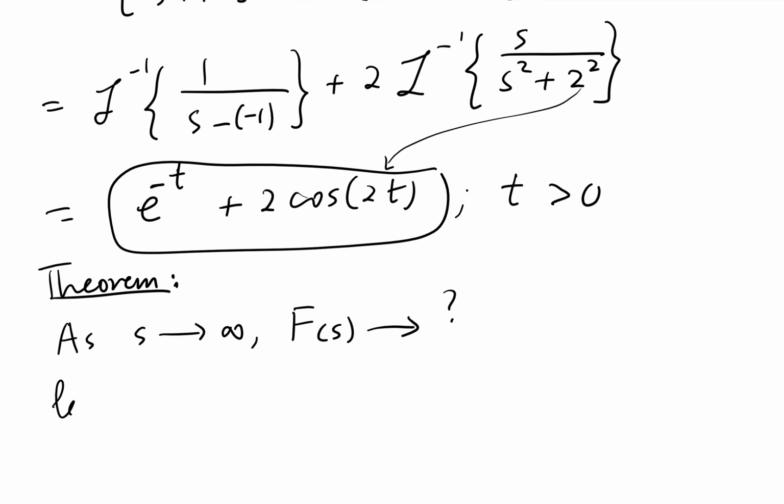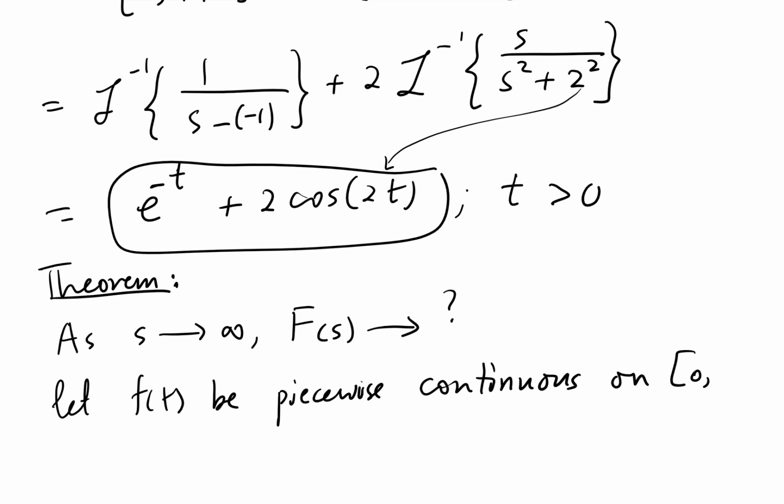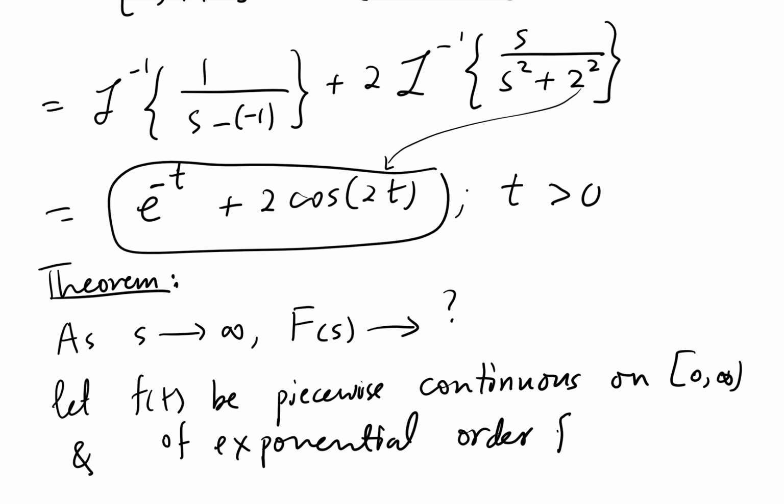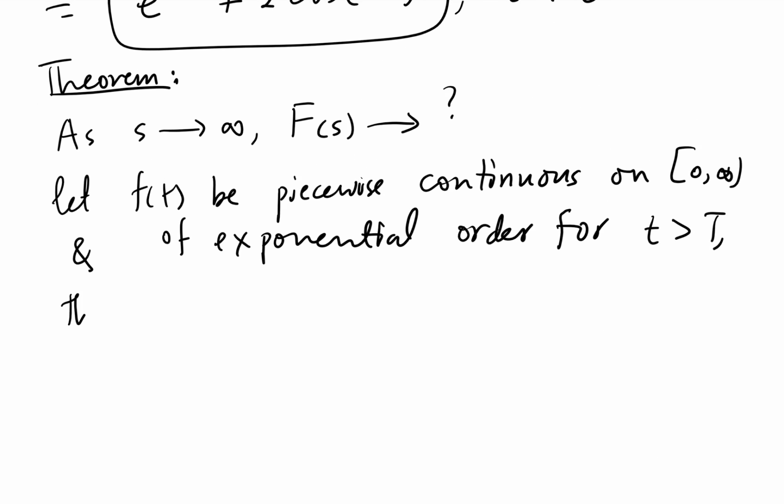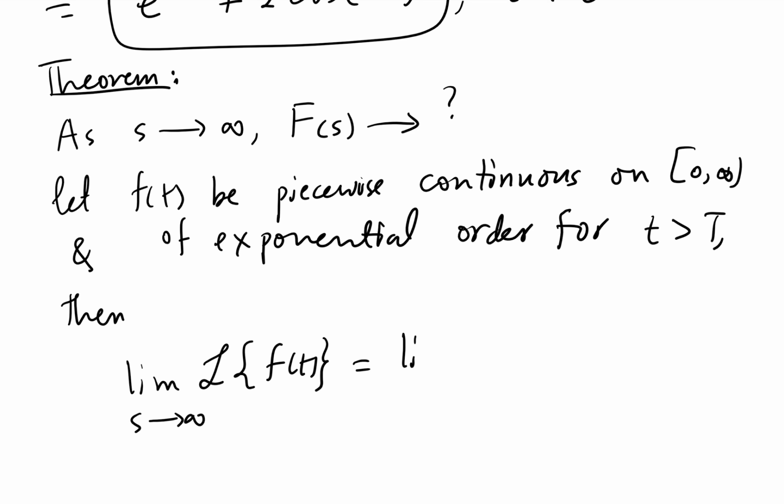Well, the theorem said if we let f of t be a piecewise continuous function on the interval 0 to infinity, and of exponential order for t bigger than capital T, then the limit of the Laplace of f of t as s goes to infinity is the same as, or you can write it, limit as s goes to infinity of F of s is going to be 0.